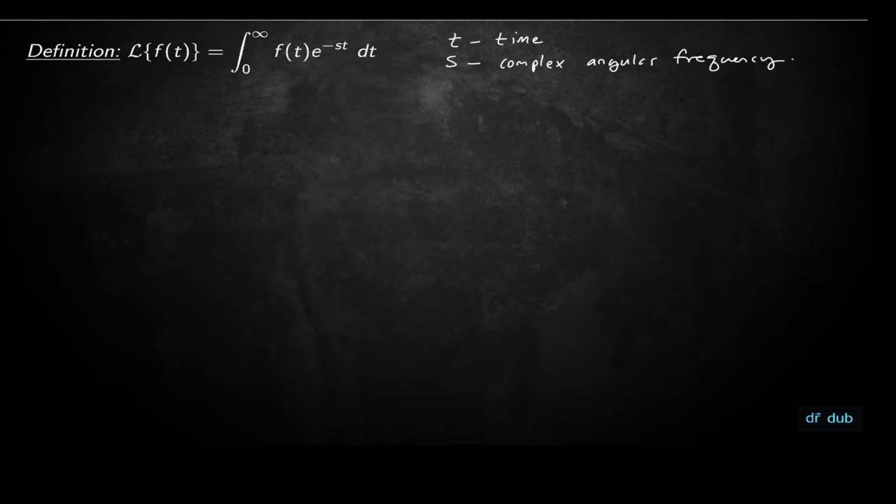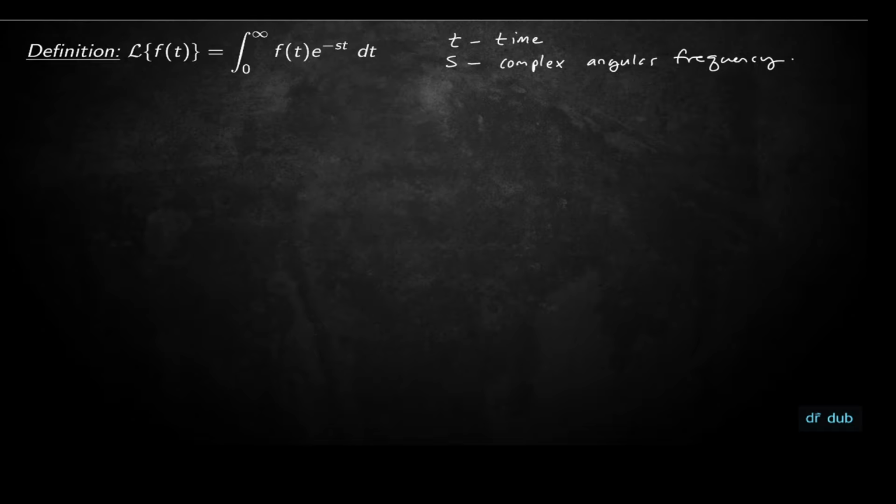But we're not going to really worry about what the t and the s represent. We're just going to say it's a way to manipulate a function, very similar to how a derivative manipulates a function or an integral manipulates a function.